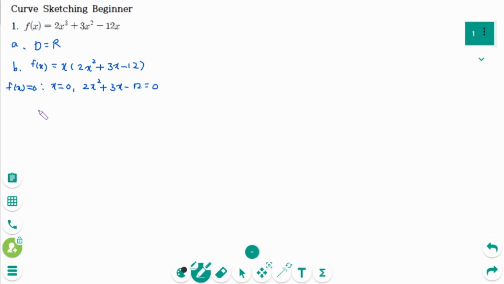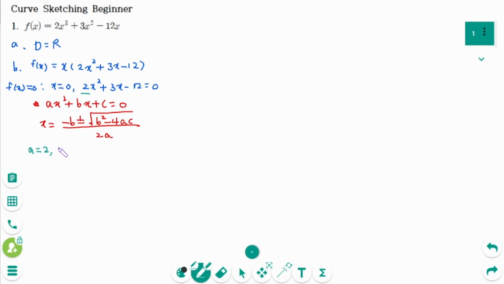Using the quadratic formula, ax squared plus bx plus c equals 0, then x equals minus b plus minus square root of b squared minus 4ac over 2a.